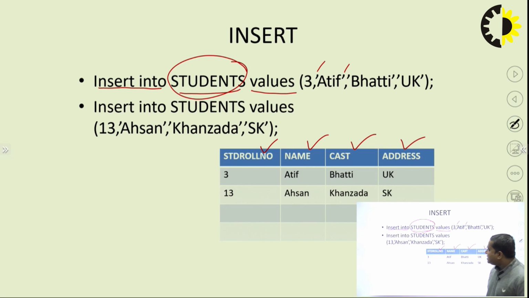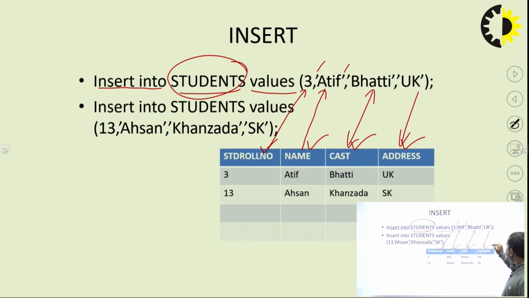So our syntax will be insert into students values, bracket open. For the first record, the roll number is 3, the name is RA, and because it is varchar type, it is defined within quotation marks. Then the second one is caste, and the caste is Bhatti.